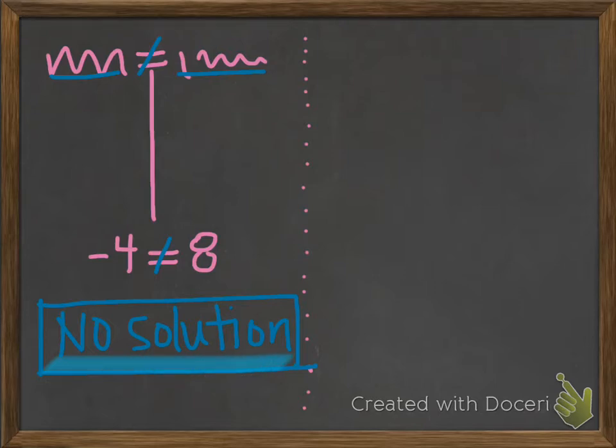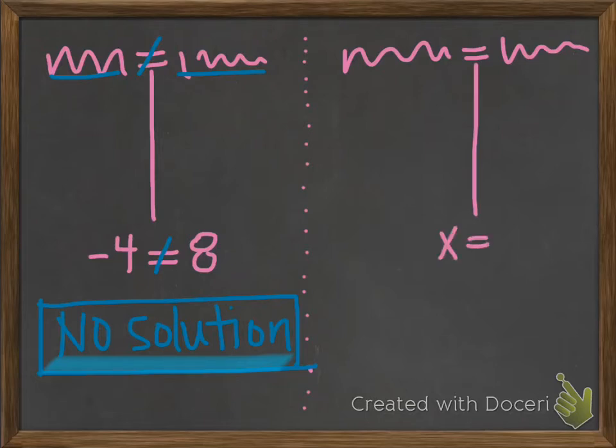Alright, let's look at the other scenario you might encounter. And this one could look a couple different ways. So let's say you have another equation, you solve it, and then at the bottom, maybe you get something like this. You might get x equals x. Or maybe you get 0 equals 0.